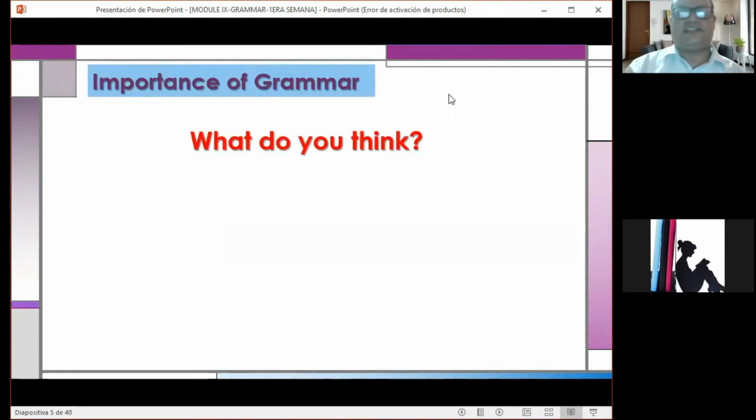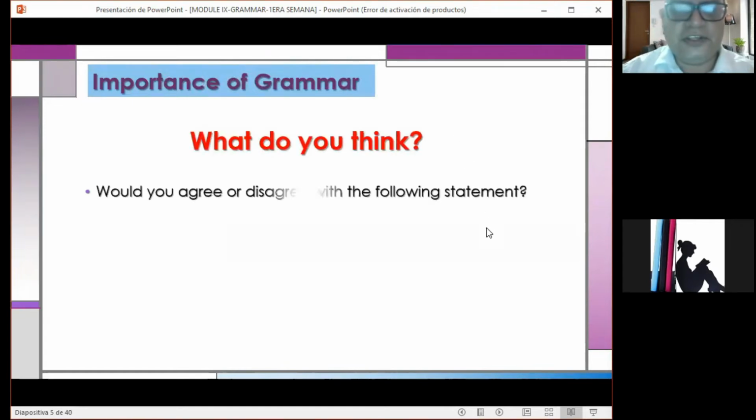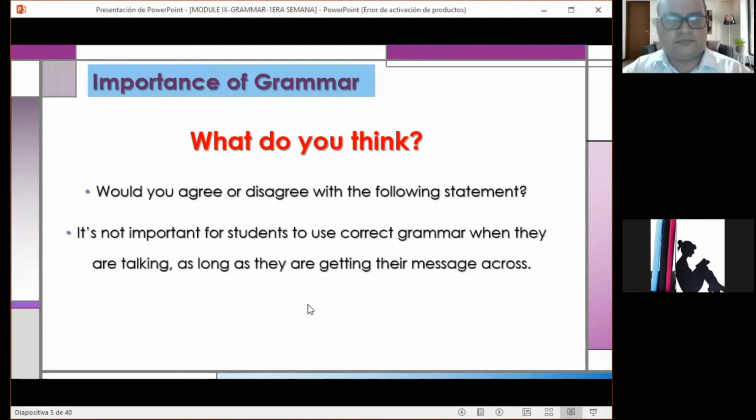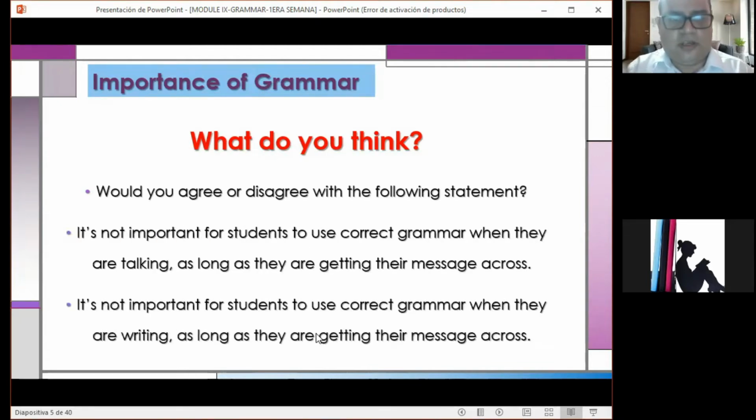Importance of grammar. Let's see here. What do you think? You have to tell me your opinion. Would you agree or disagree with the following statement? I'm going to show you this statement. Here we have this statement: it's not important for students to use correct grammar when they are talking as long as they are getting their message across.